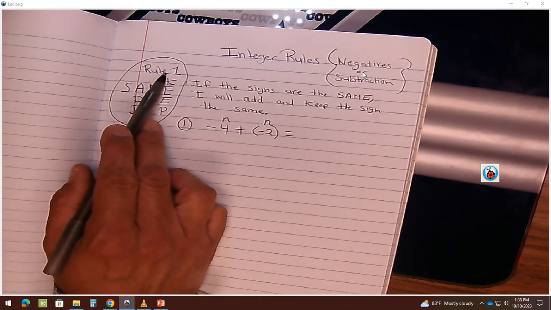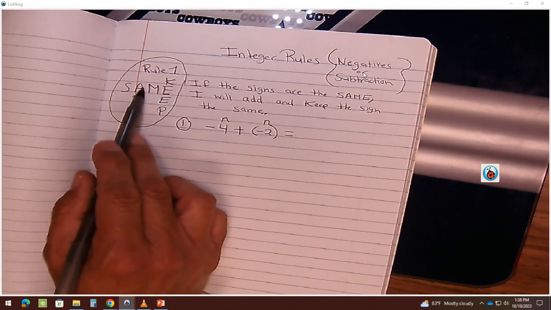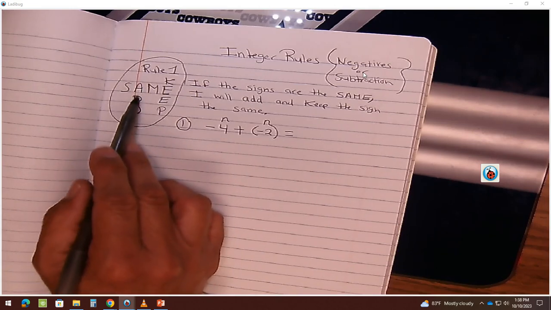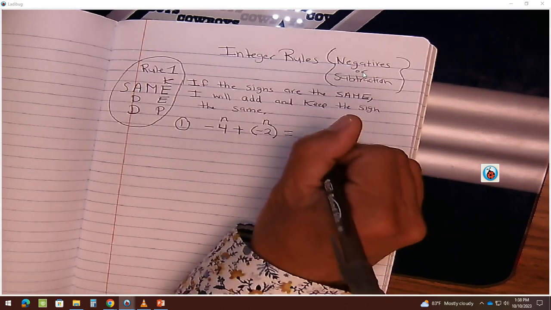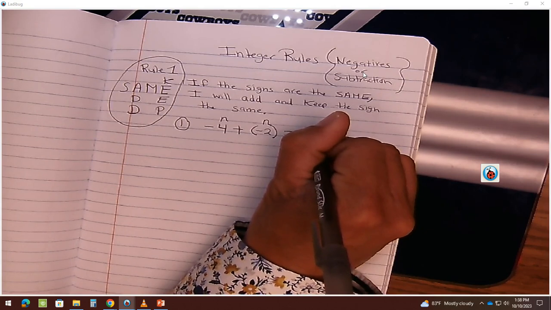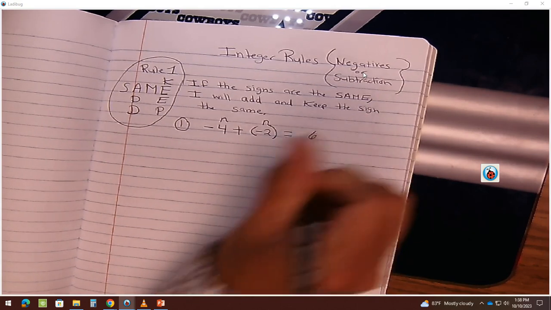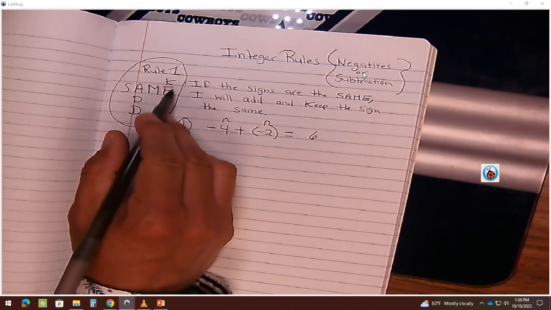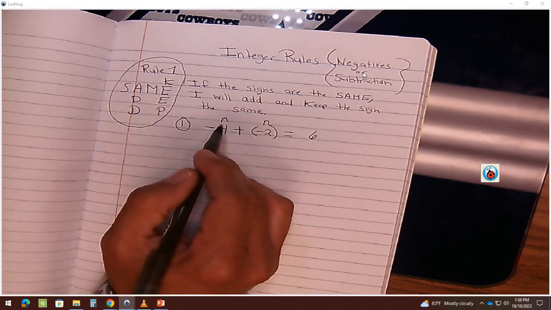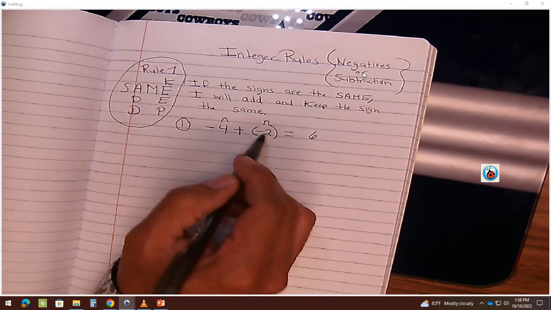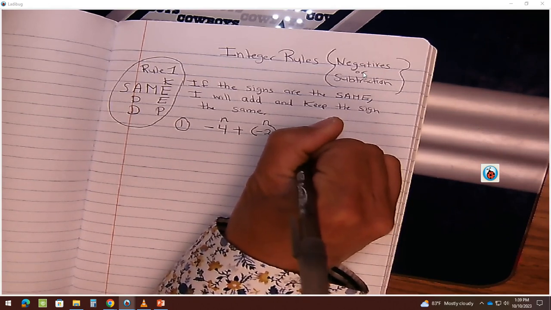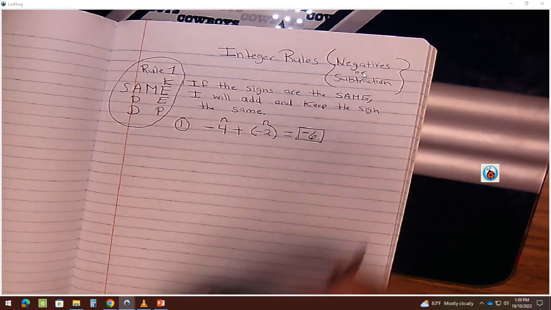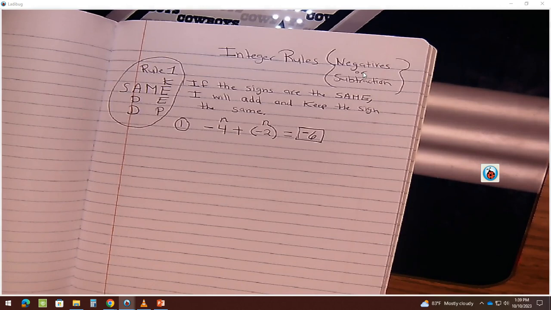And according to rule one, they told us that if they're the same, we're going to what? Add. So let's add them. What's 4 plus 2? 6. And we're going to not just add them, we're going to keep the sign the same. So if it's negative, negative, and we want to keep it the same, it'll be what? Negative 6 would be the answer. That's how easy this is in this case.